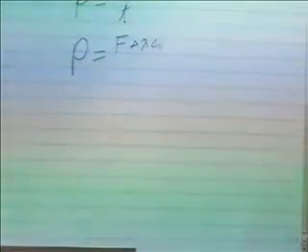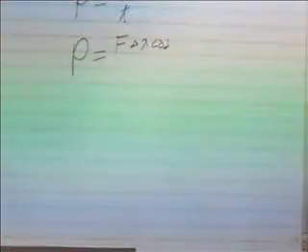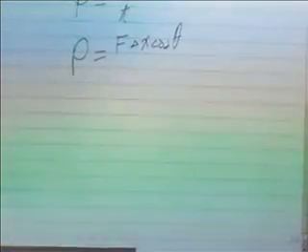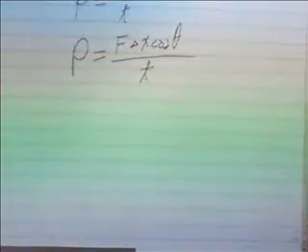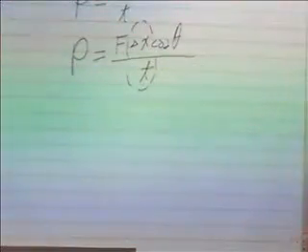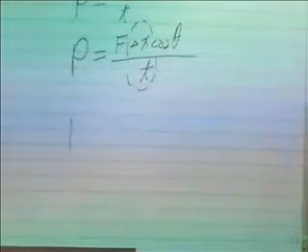F delta x cosine theta over time. What do you see? Velocity. So power equals F v cosine theta as well.